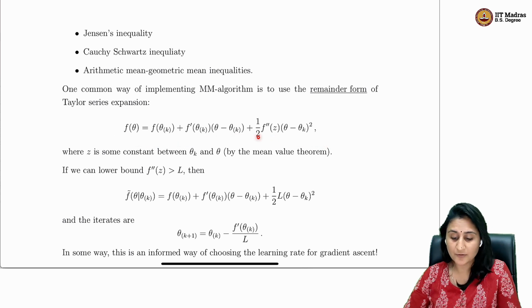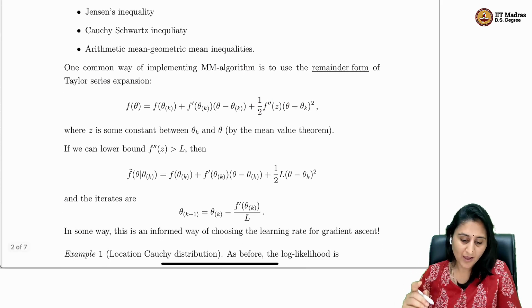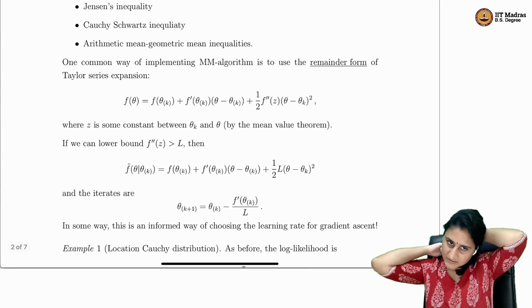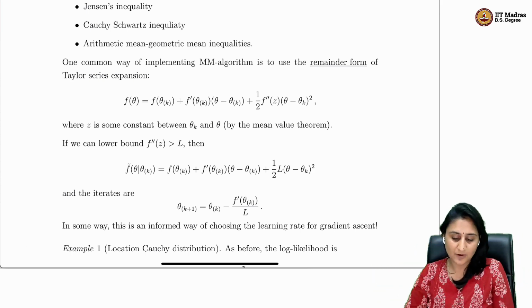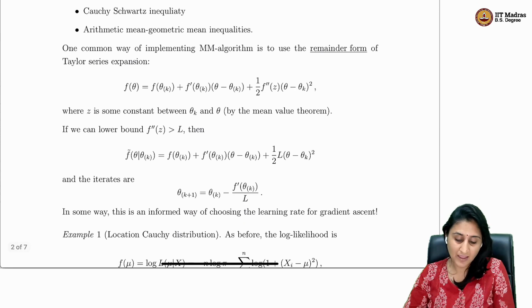Okay, now typically I don't know what z is, so I don't know what f double prime z is going to look like. However, if I have an objective function such that its second derivative is bounded below by L, right? So if we can lower bound f double prime z by L, then I can construct f tilde.